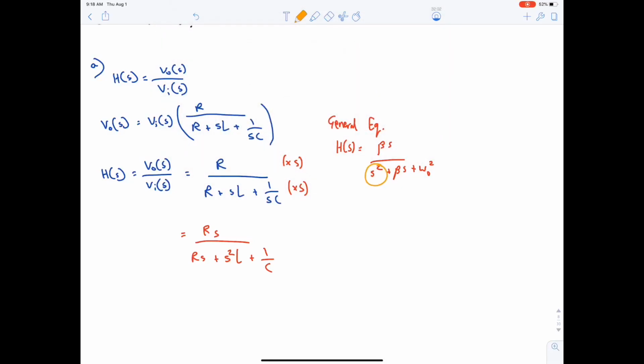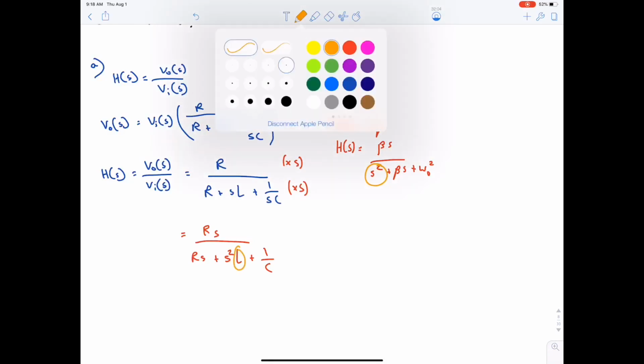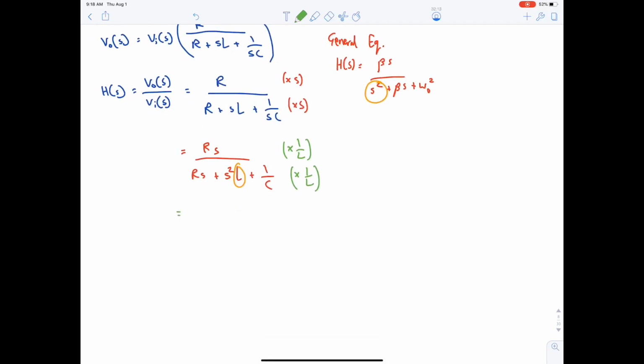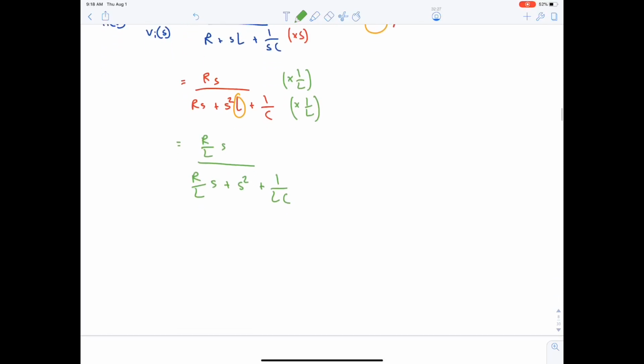It's 1, and here it's L, so we need to multiply by 1 over L to get rid of the L that's accompanying s squared. So here it will become R over L s over R over L s plus s squared plus 1 over LC, and this is the final transfer function.